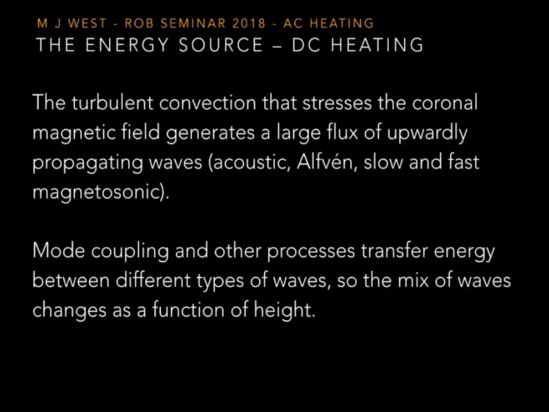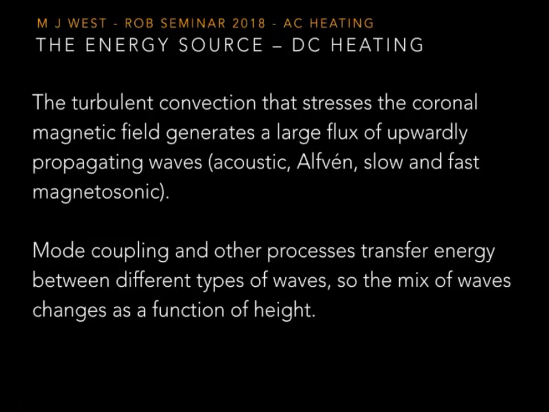So then we move on to AC heating, and so this wave heating. The convection that stresses the chromospheric magnetic field generates a large flux of upward propagating waves. And these are seen through acoustic, Alfven, slow and fast magnetosonic waves.